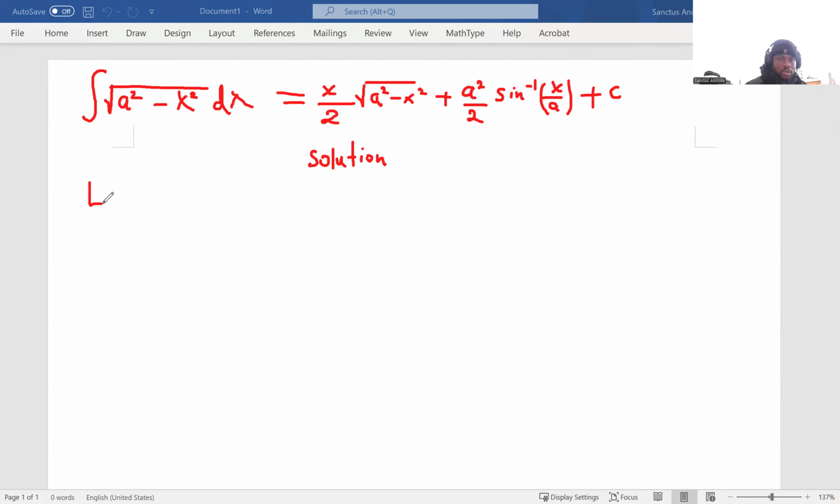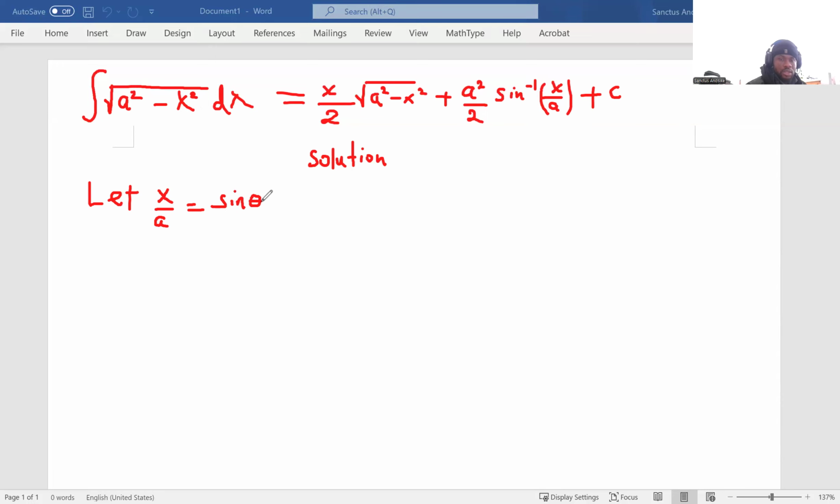If you don't get it, you need to visit the previous video. We already said that whenever I have this kind of function or expression, we should let x over a be equal to sine theta.